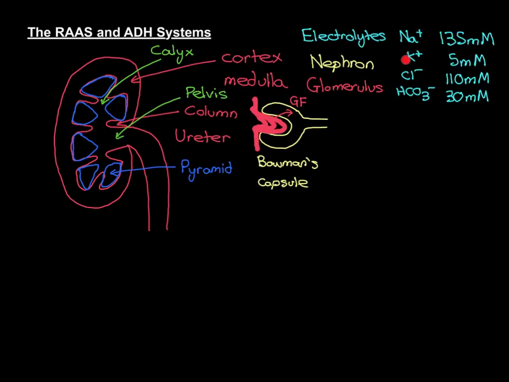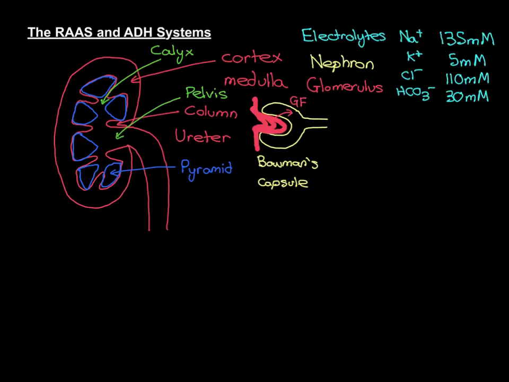So we have our positively charged ions here, and together they add up to 140 millimolar, and we've got our negatively charged ions here, and together they also add up to 140 millimolar, and that's nice because that means that everything's balanced. We've got an equal amount of positive charge and negative charge, so we've got ions and counter-ions, which is the way it should be. We do not want the blood to be charged, either positive or negative. You need to have an equal number of positive and negative ions dissolved in it.